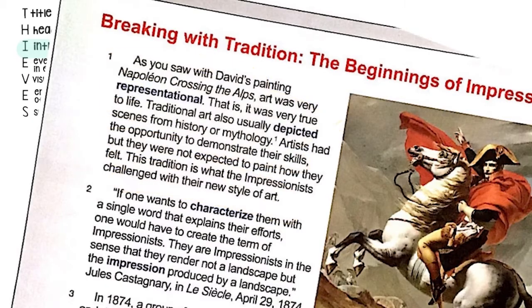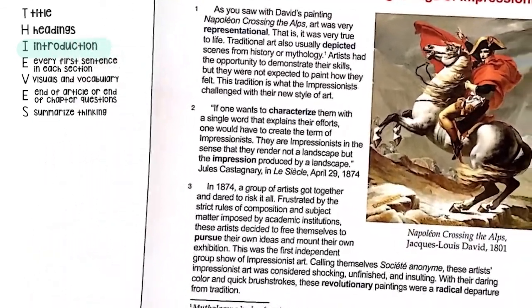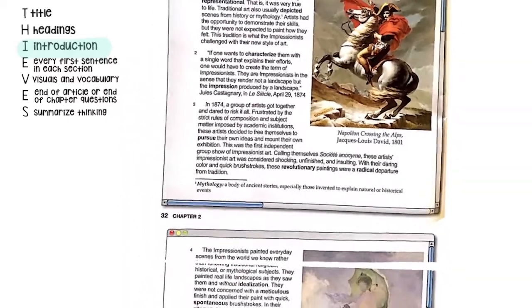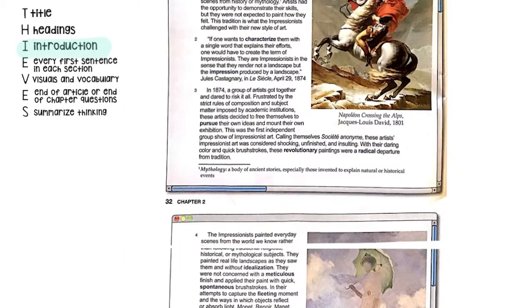This tells me I'm reading part of a longer work, a longer textbook. So I don't know what they're talking about when they say, as you saw, and there's not a special hook or anything like that. But I did notice the words representational and tradition and challenge and new. So that fits with the title. There's going to be some kind of a change that breaks with tradition.